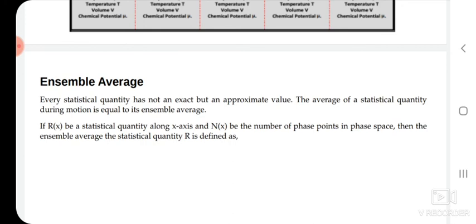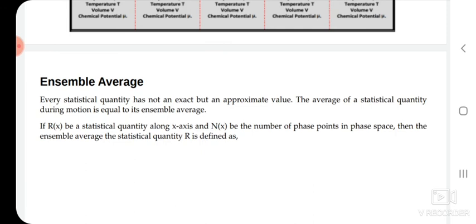If we talk about the ensemble average, every statistical quantity has not an exact but an approximate value. The average of a statistical quantity during motion is equal to its ensemble average.